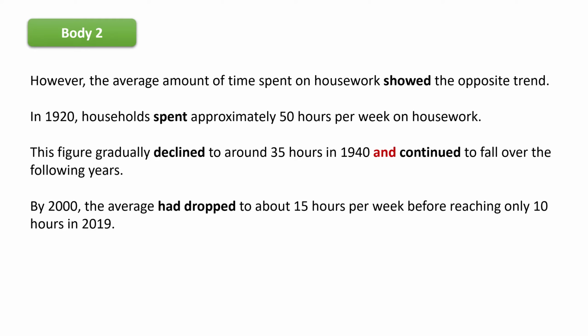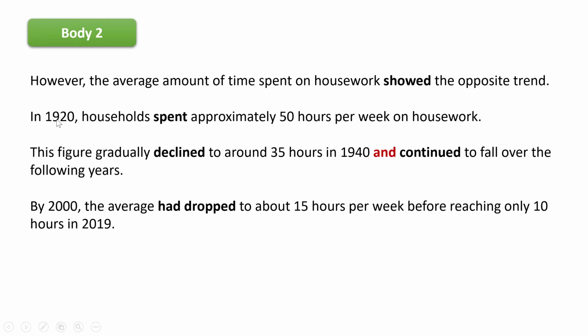Past participle. Dia kata sifat. Jumlah waktu yang dihabiskan. Jumlah waktu yang dihabiskan dalam pengerjaan pekerjaan rumah showed the opposite trend, menunjukkan tren yang sebaliknya. Kalau tadi increase gradually atau increase generally, nah the time spent on housework showed the opposite trend. Jadi downward, trennya turun.